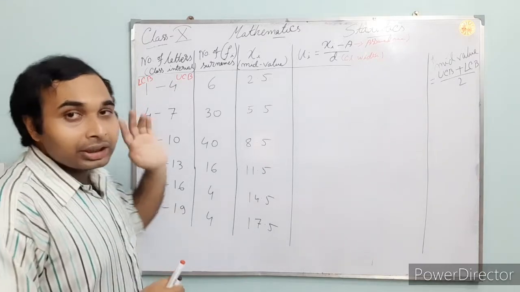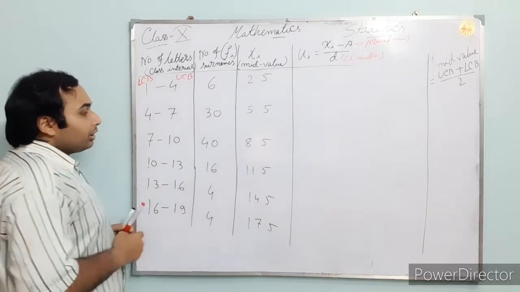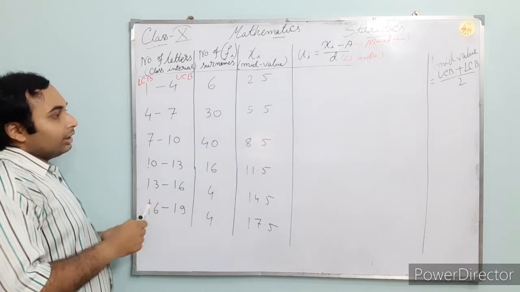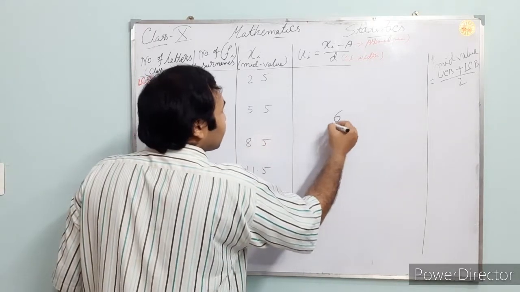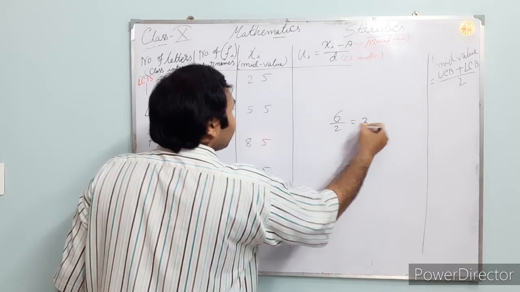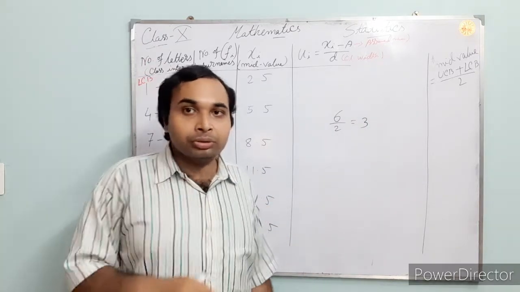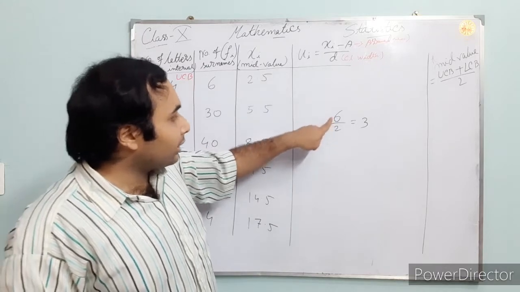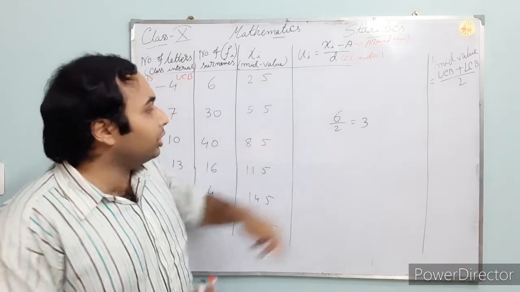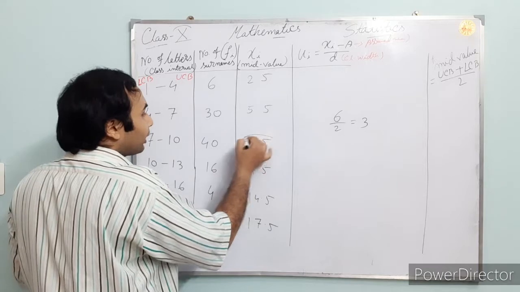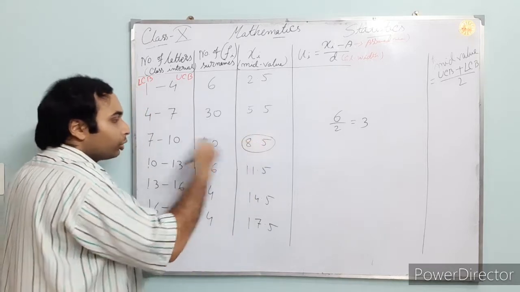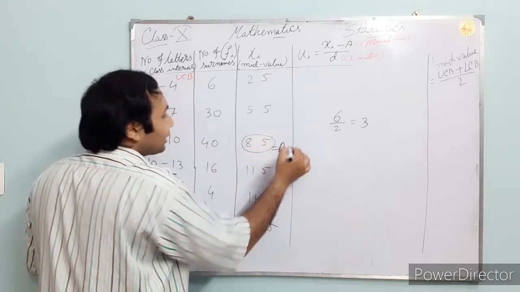Yes, it is even. So for even, here 6 is there. So 6 by 2 is coming 3. Actually, this is the shortcut process I am telling you. Here, just see, 6 by 2 is 3. So you have to take the third position, the third row, as A.